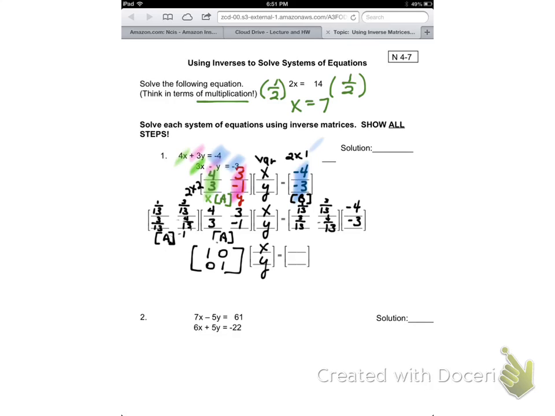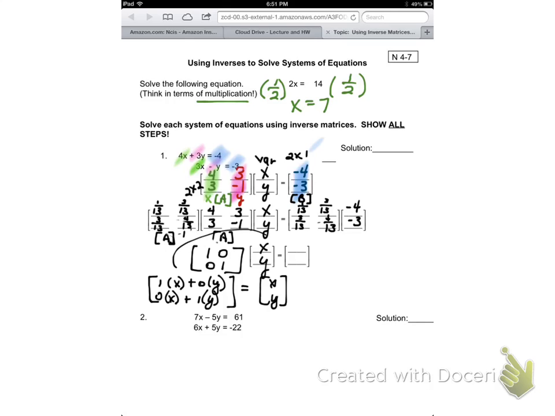But the reason we don't show a bracket or something to put in this spot is when we multiply the identity matrix times this XY matrix, this variable matrix, I want to show you what you're going to get. You're going to get 1 times X plus 0 times Y, and you're going to get 0 times X plus 1 times Y, which multiplies together to be XY.